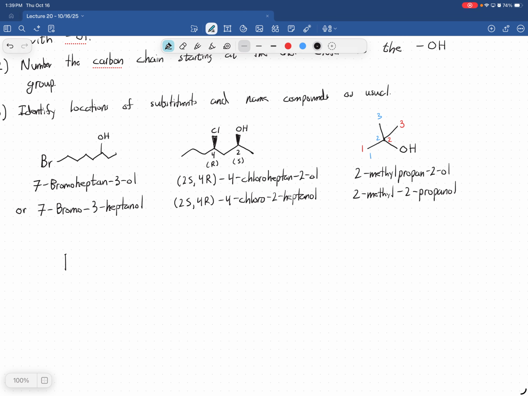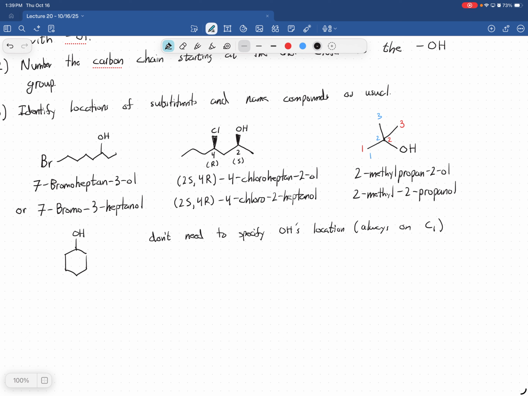All right, so for cycloalkanols, you don't need to specify the OH's location, because it's always on carbon 1.